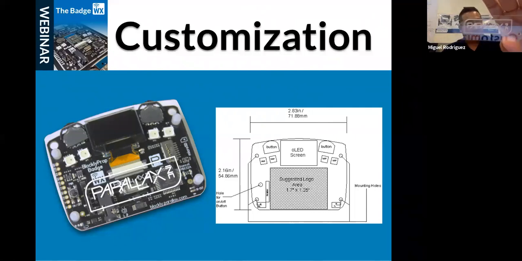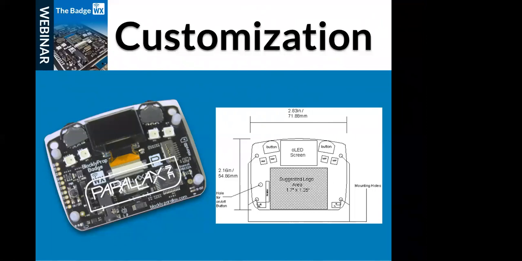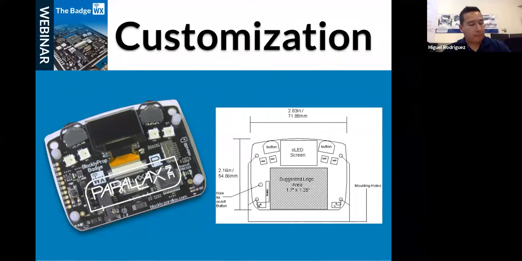If you have a logo that you want to put on there, or an event that you want to get some badges for and customize, we have a 1 inch by 1.75 inch area that you can engrave something onto. You see that cross-hatch shaded area on the diagram on the right.